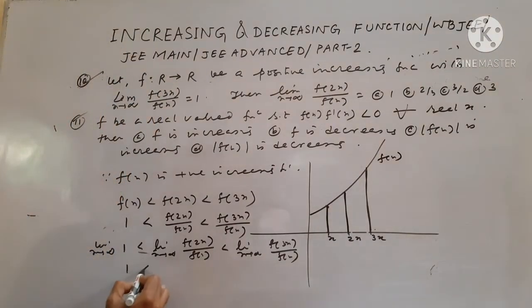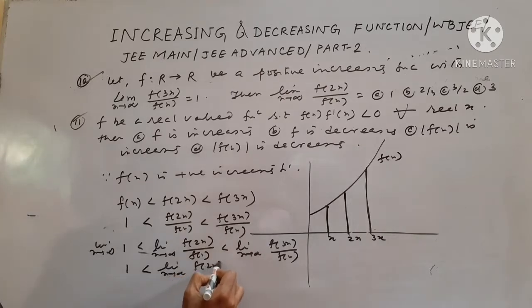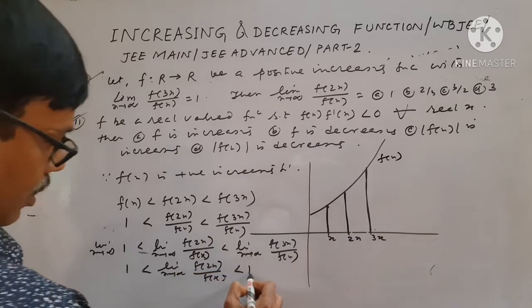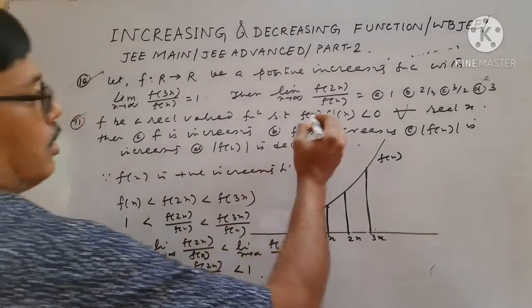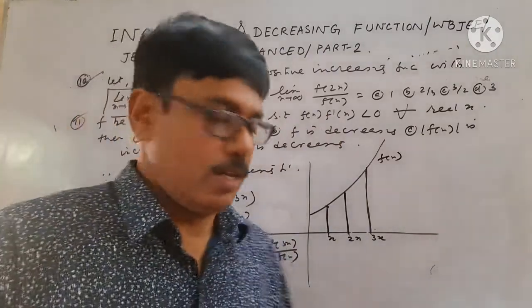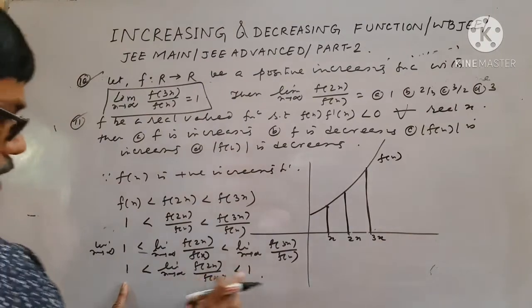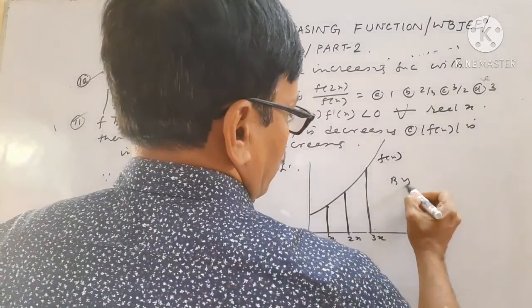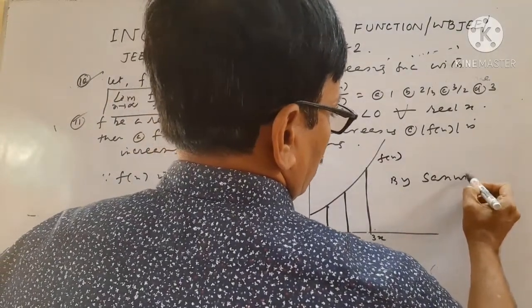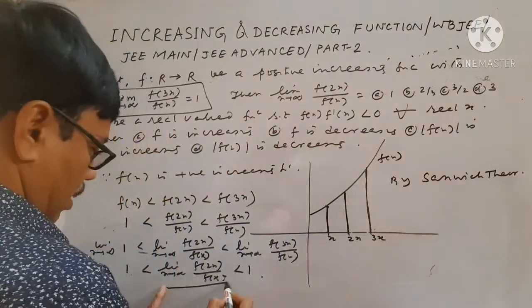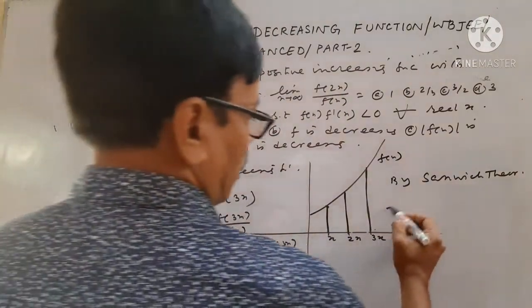So this is 1. This is limit x tends to infinity f2x by fx less than 1, because this one is given as 1. So this one is 1, this one is 1. So therefore, by sandwich theorem, this limit is also 1.